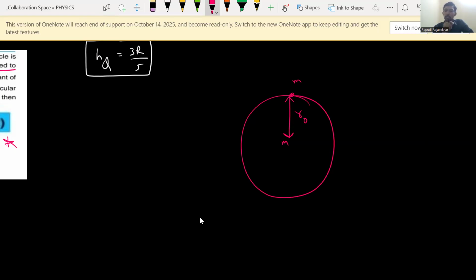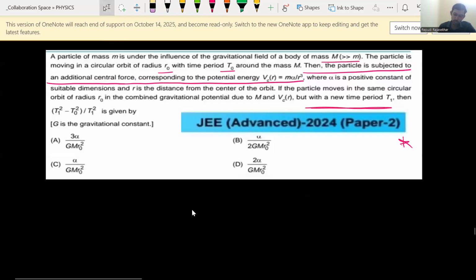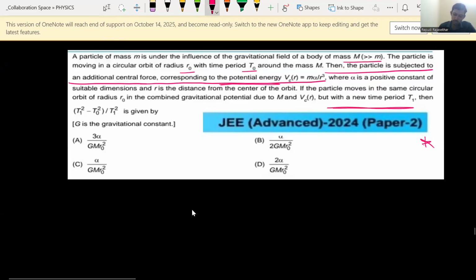Why is another force acting? The other force is acting due to the gravitational potential energy. Because of these two forces acting on the particle, there is a new time period generated. So what is the relation between the new time period and the time period of the first case? They are asking with respect to the given equation here.